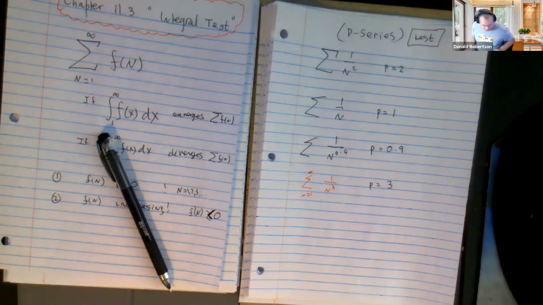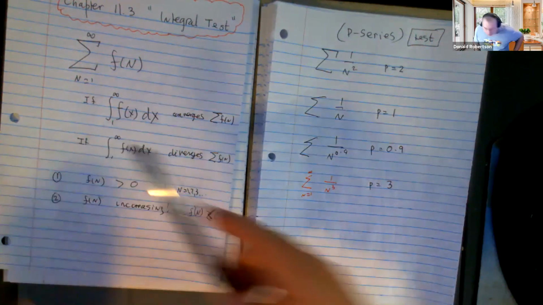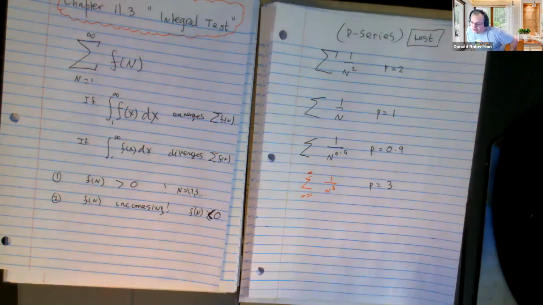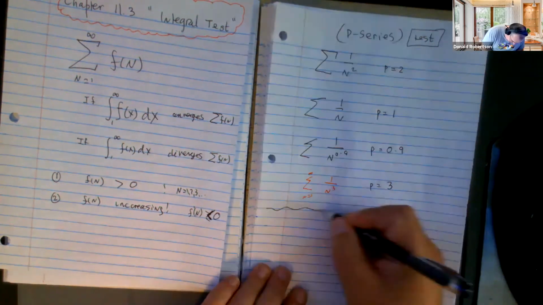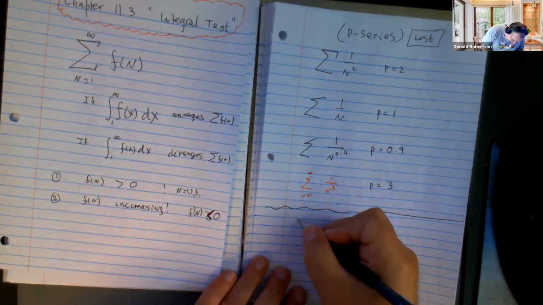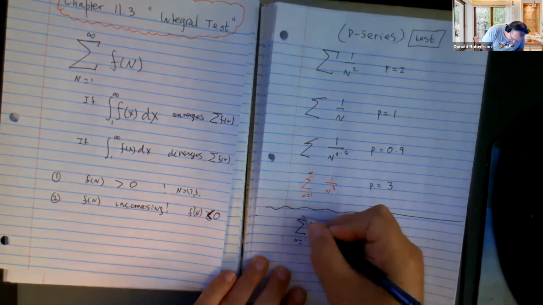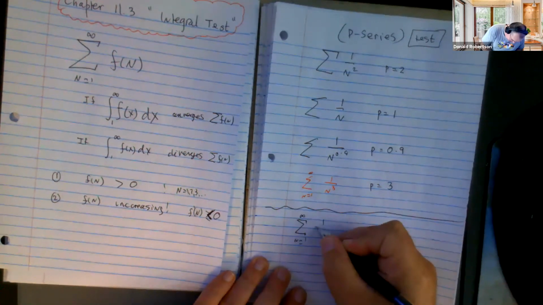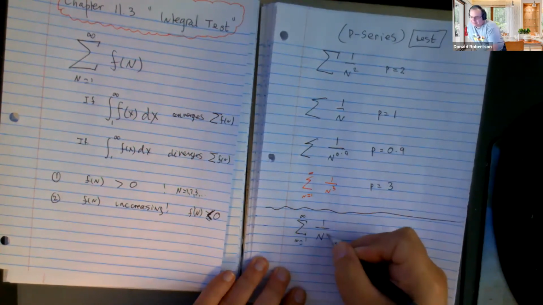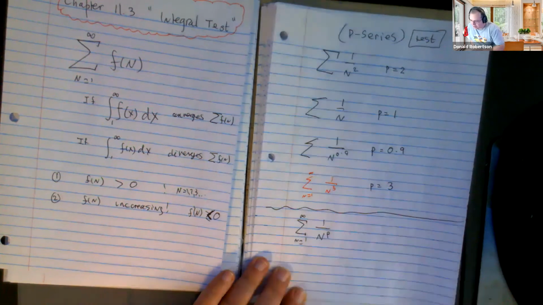Okay, now what's special about P series is that you can tell if they're going to converge or diverge very easily. So here is the P series test. If you have a P series, 1 over n to the power of p, that's the generic P series, that's all of them.